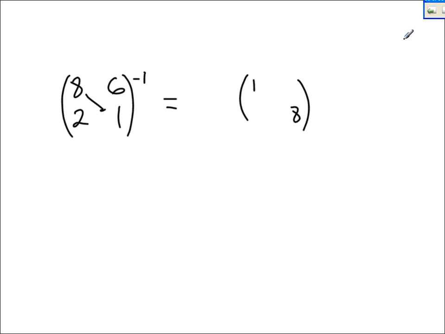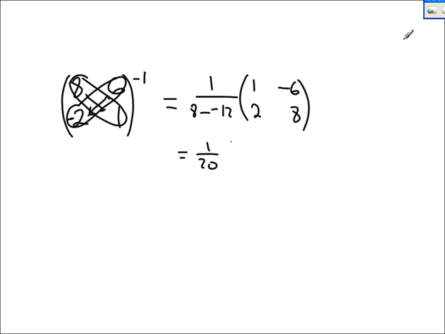The negative 2 becomes 2. The 6 becomes negative 6. Then you multiply by 1 over this product, which is 8, minus this product, which is negative 12. That is, it's 1 over 20 times 1, negative 6, 2, 8.